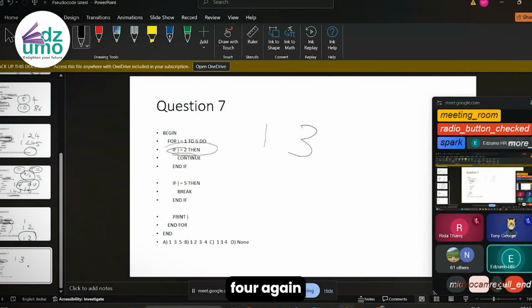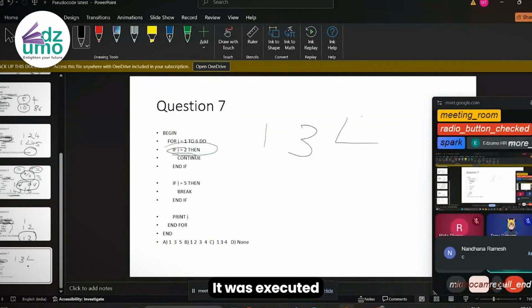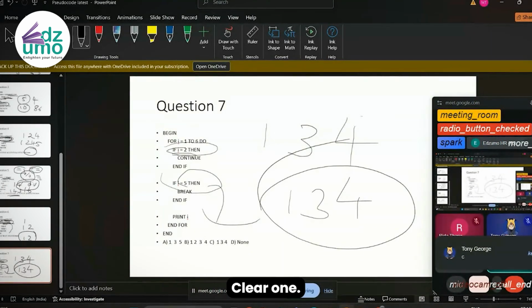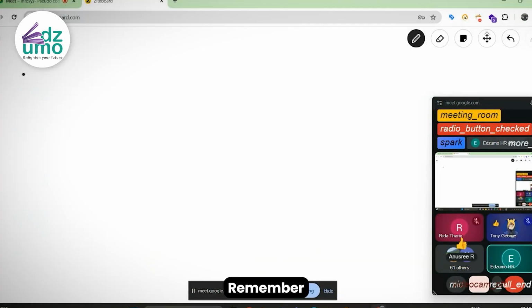When I becomes 4, condition is not true, so it's executed. Very good. And when I becomes 5, what happens? Control fails. So it breaks out. So answer is 1, 3, 4. Clear? 1, 3, 4. Remember, when you attend pseudocode, you have to remember these points.